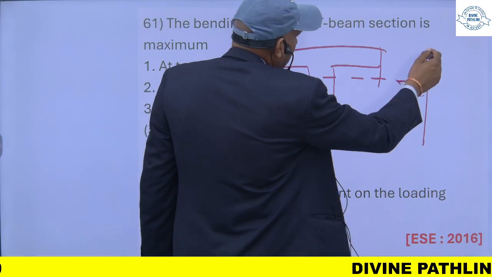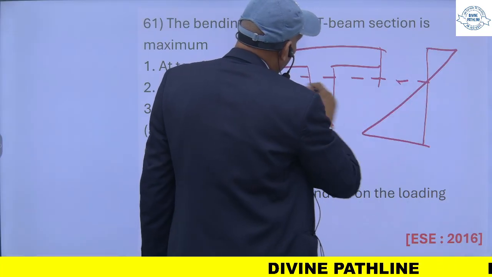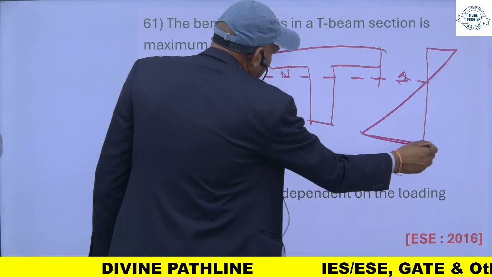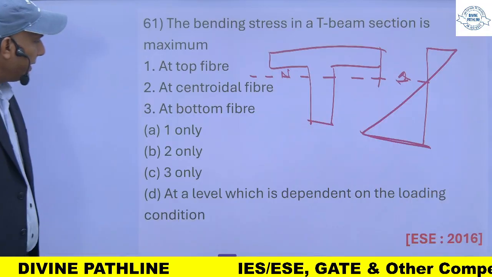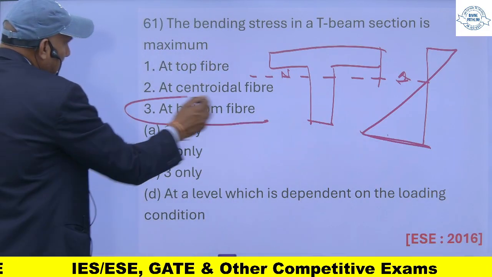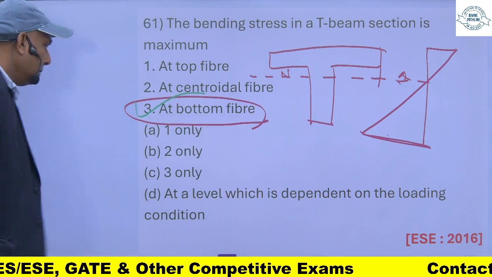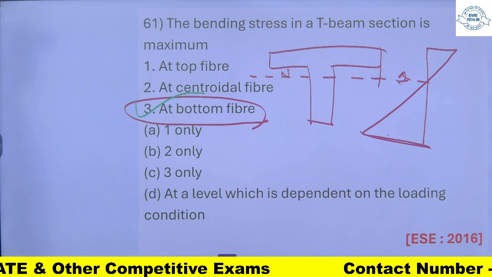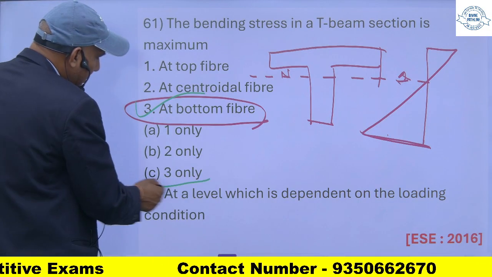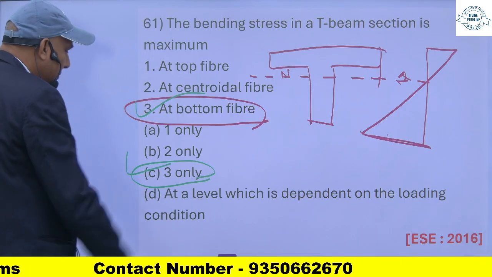So its bending stresses will be like this. So maximum stress will be at the bottom fiber, rather than at the top. So this C is the right option.